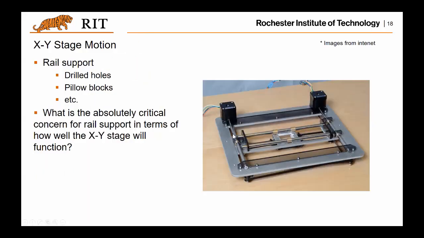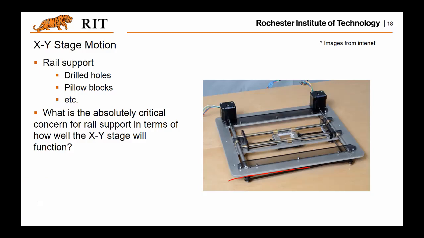So basically, you can see that here gives you the XY stage, a detailed look of this XY stage. And as you can see here, these 2 rails are in parallel, and that will make sure the X and the Y are parallel, because let me draw a little illustration here.